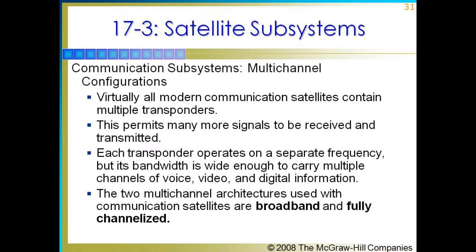The output of each TWT amplifier is again filtered to minimize harmonic and intermodulation distortion problems. These filters are usually part of a larger assembly known as a multiplexer or combiner. This is a waveguide cavity resonator assembly that filters and combines all the signals for application to a single antenna.